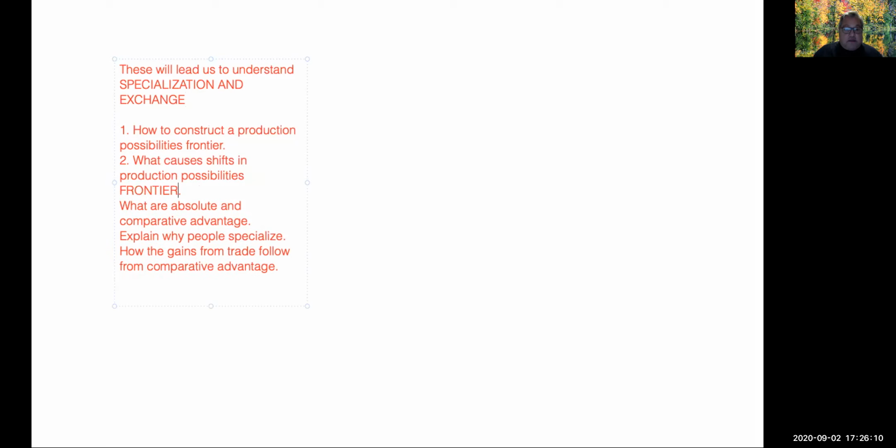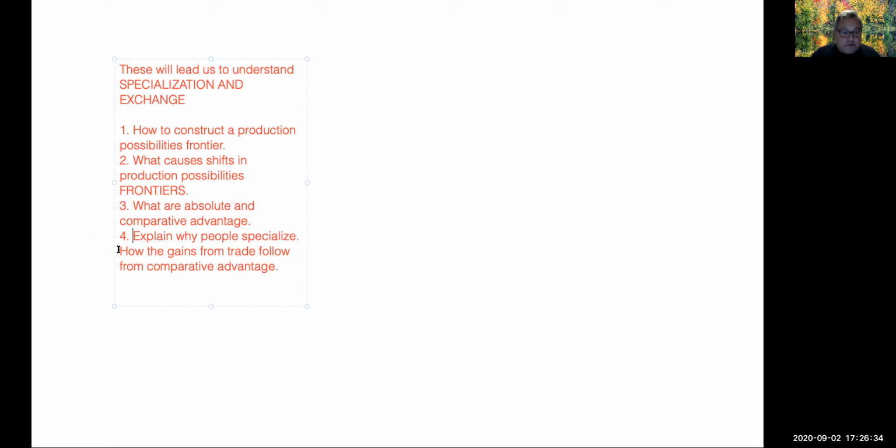And to do so requires that we first learn how to build, construct production possibilities frontiers. We're going to need to know what causes changes in production possibilities frontiers. And then we're going to learn about a notion called absolute and comparative advantage.